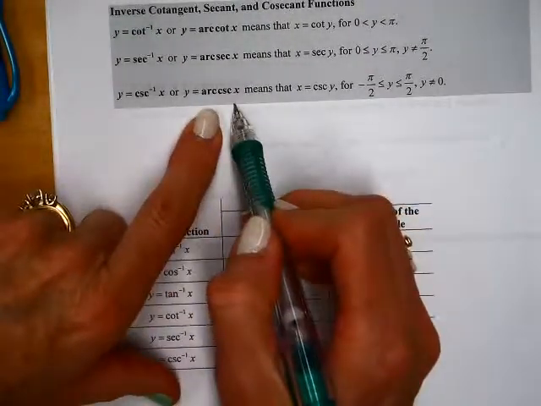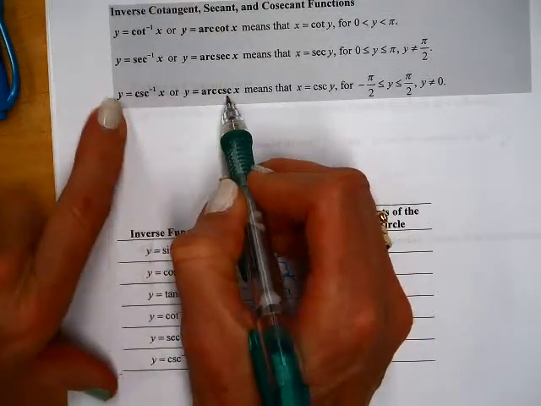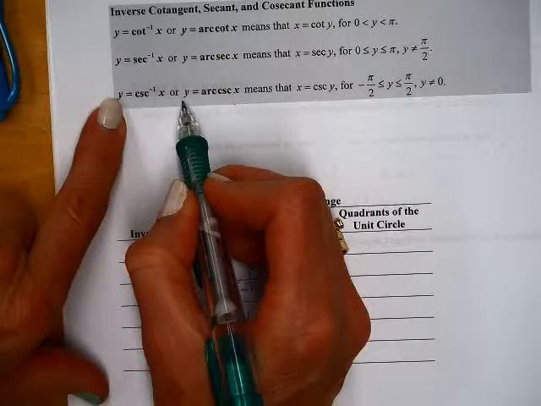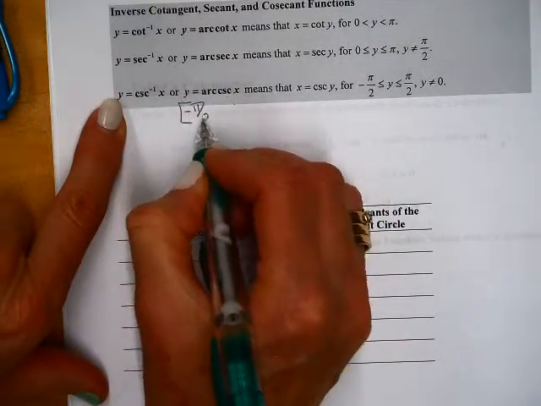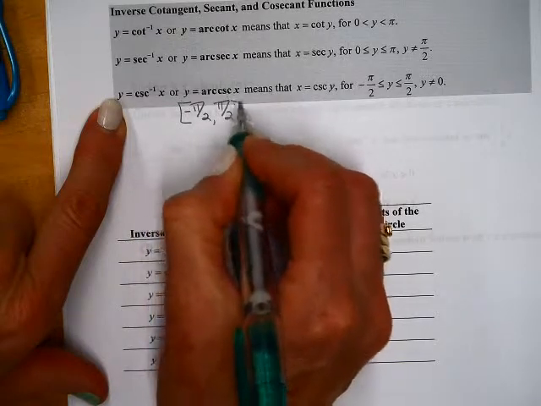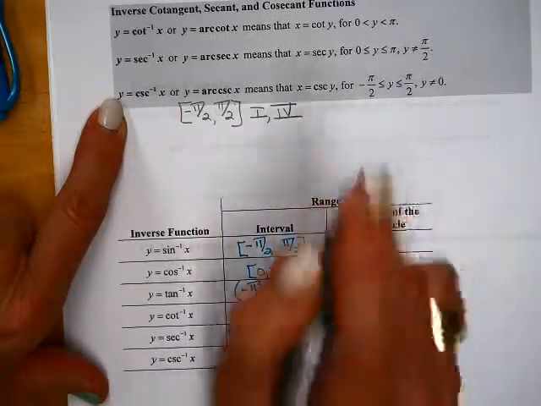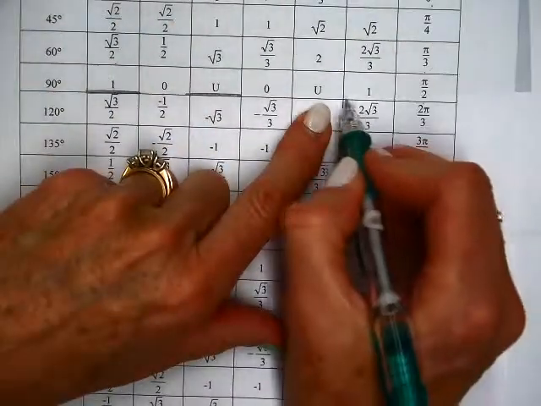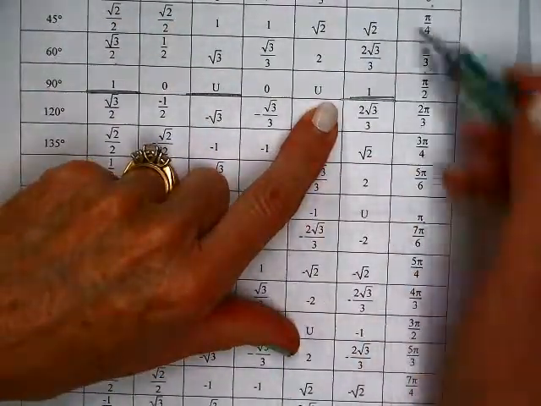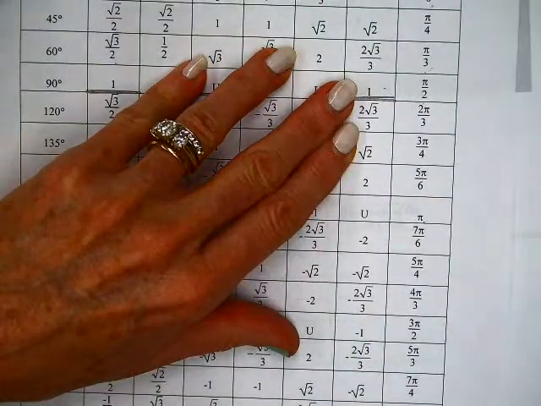All right, the cosecant is the reciprocal of the sine. So they restricted the cosecant just like they did the sine. It is restricted to be between negative pi over 2 and positive pi over 2, which means it's got to be in quadrant 1 or quadrant 4, just like its reciprocal. So when you're looking in your cosecant, you're only going to look right there. And if it's negative, you're going to flip it to quadrant 4. Okay?